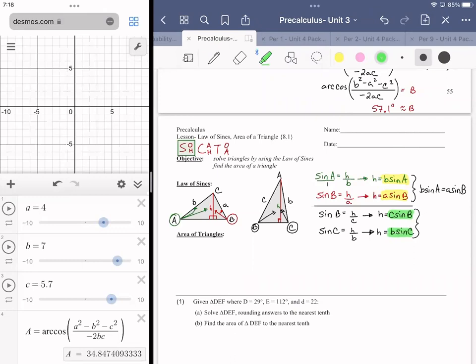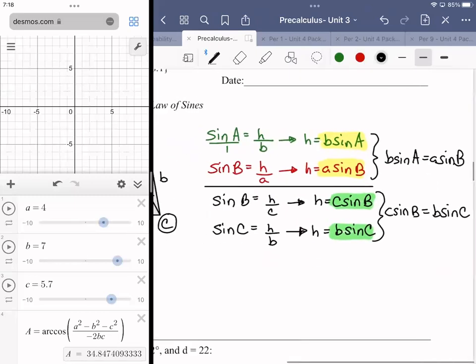But now I can conclude that C sine B is equal to B sine C. All right. Now, at first glance, it doesn't seem to be overly useful, but there's a lot of good stuff here.